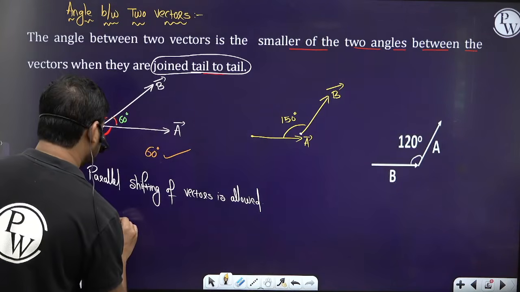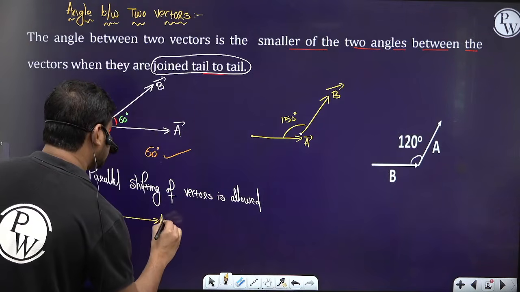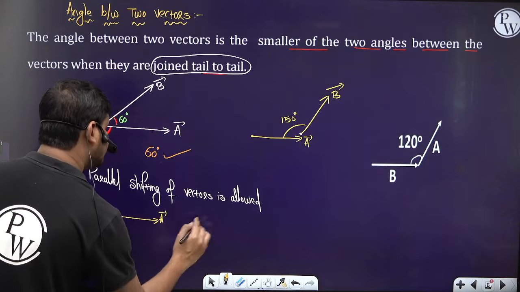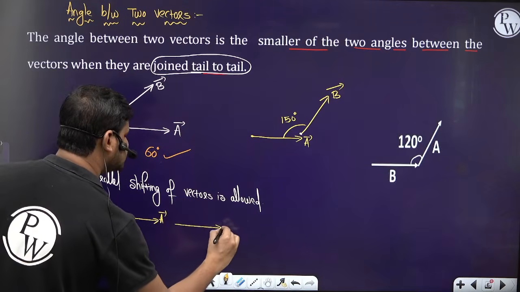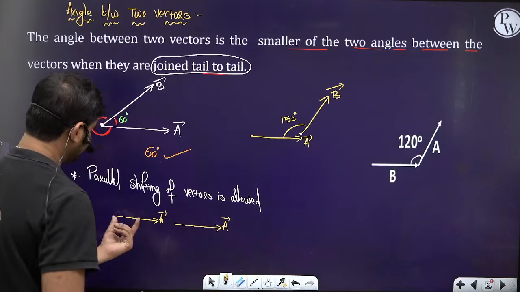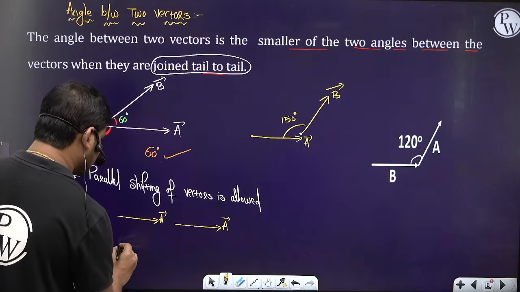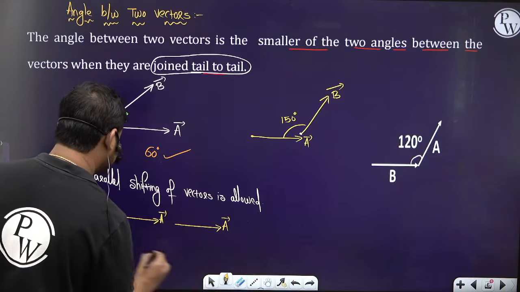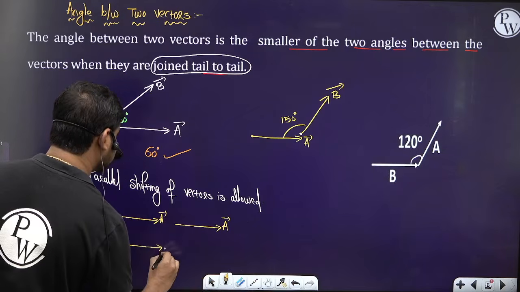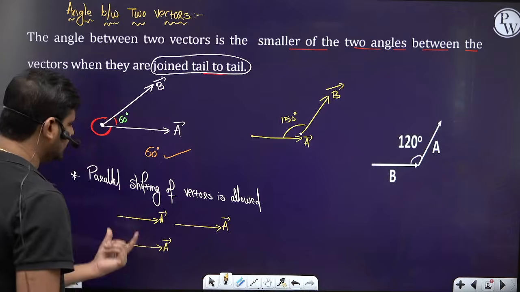For example, if I say this is a vector A, I can shift this vector in the same direction with the same magnitude, here, or else from here to here, without changing its magnitude and direction.